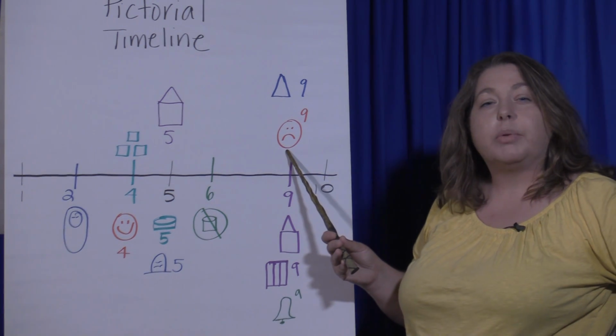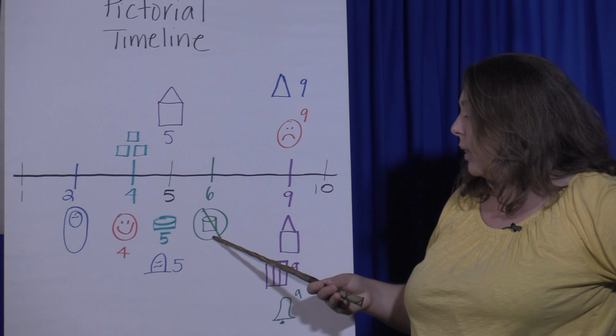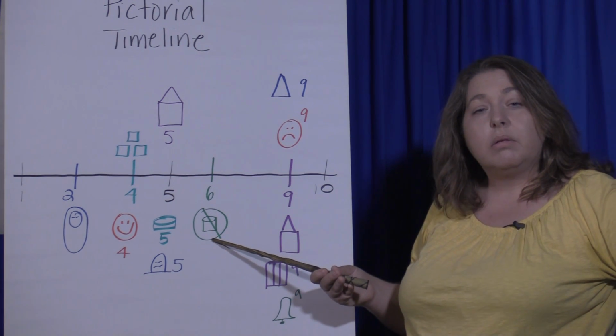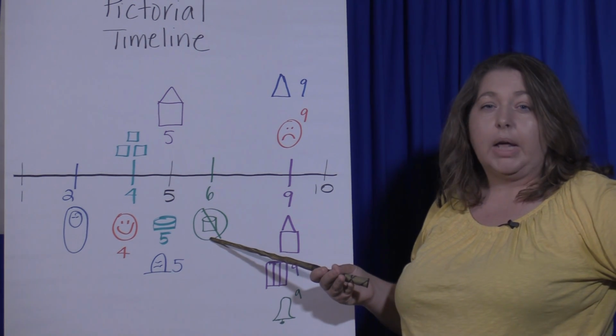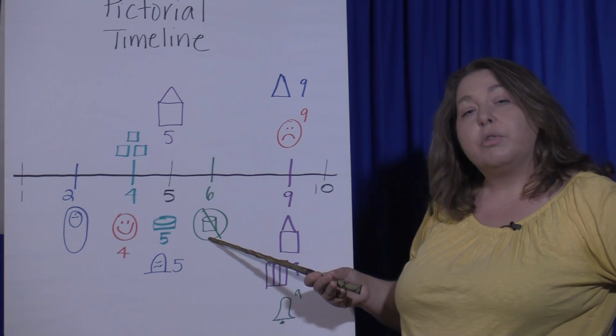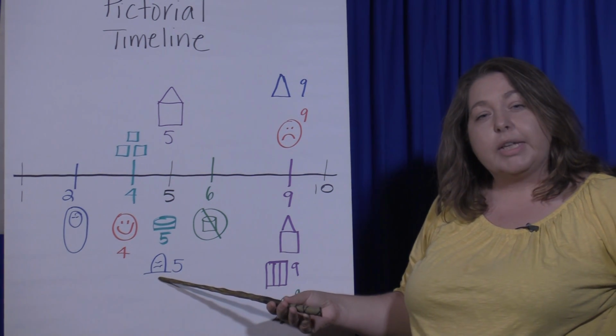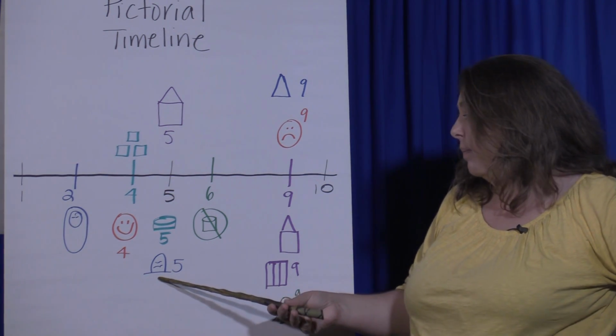A sad face represents that the child witnessed family violence. This is a pill bottle that is crossed out, meaning they had a family member go receive substance abuse treatment. This is a gravestone representing that a child had a death in the family.